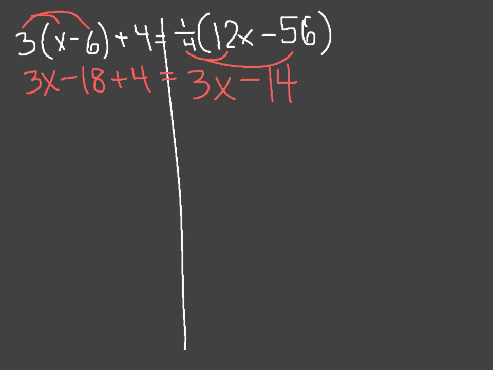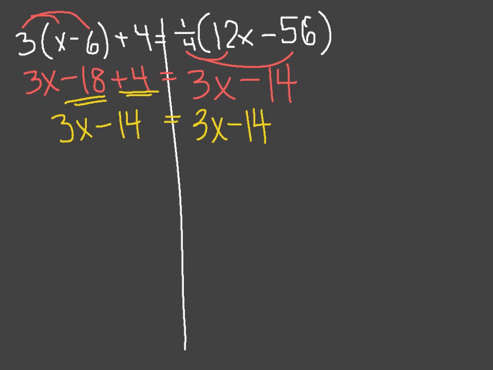Now I'm going to go ahead and see if there's any like terms I can combine, which I can put this negative 18 and this 4 together, and I'll end up with negative 14. Bring the 3x down, 3x minus 14. Now if you pause for a second here, you'll notice that both of these sides of my equation are exactly the same. 3x minus 14, 3x minus 14.